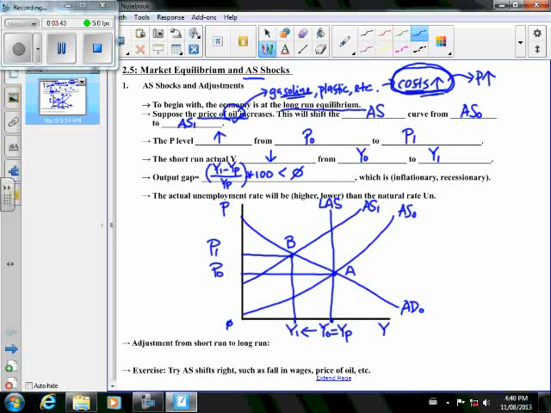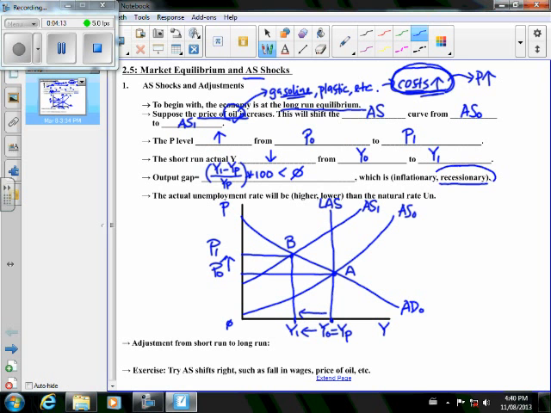Now the question is, is this an inflationary gap or is this a recessionary gap? We do see the price increasing. We do see GDP dropping. So is it the price change that would determine this is an inflationary gap, or the GDP change that would tell us this is a recessionary gap? We always focus on GDP changes. So in this case, even though the price level is higher, we say that we have a recession.